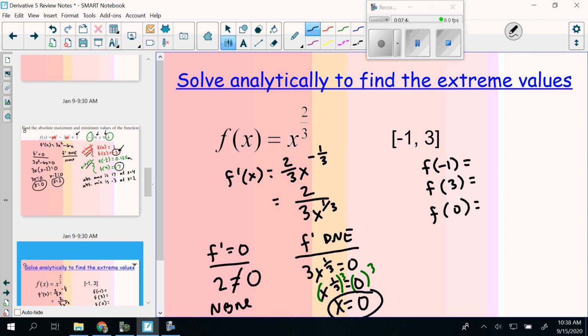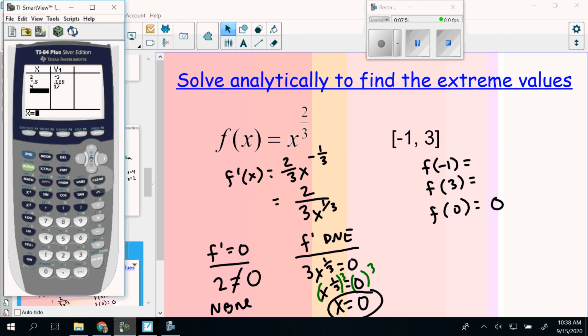If we put 0 in there, 0 to the 2/3 is 0. If we put -1 and 3 in there, let's see what we get. I'm not going to go through it, that's just 2 to check. I'm just going to simply put those in here. So if we got -1, notice I put in the parentheses here, to the 2/3 power.